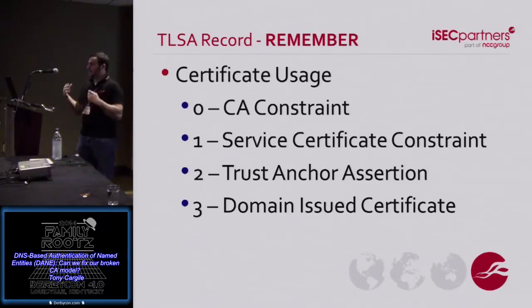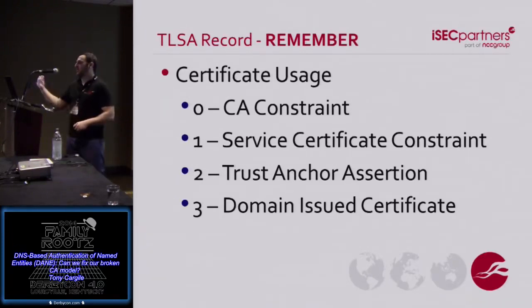So I think the best solution right now that we as a security community can do is to start using DANE, but start using it with 1. That way we slowly get the adoption rate up for DANE, and at the same time still rely on the trust we have with the CA system and introduce some more secure means to our SSL connections.